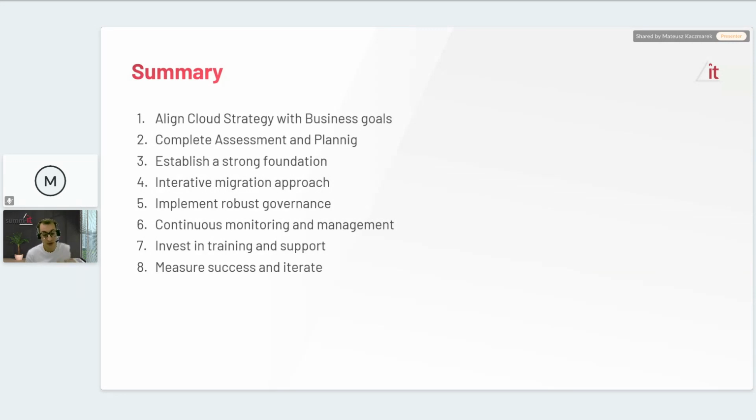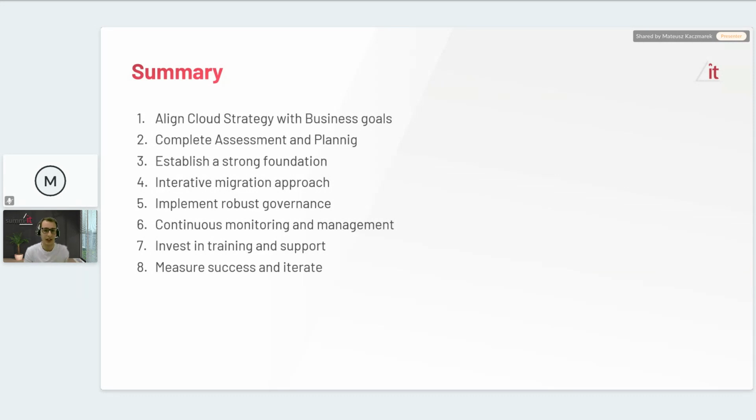The next one is continuous monitoring and management. Once we are in the manage phase, set up monitoring tools to keep an eye on performance and cost. Regularly optimize our resources and have a clear incident management process in place to simply address issues when they arise. Invest in training and support. Don't forget about your teams.